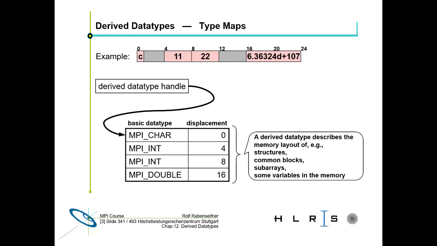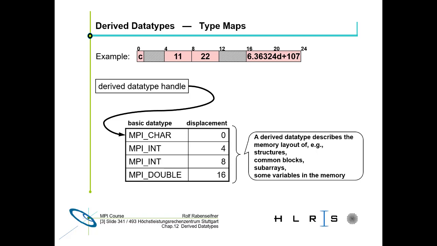Now let's take an example of a derived data type handle. This is a more complicated example where we first have an MPI character. It's the first thing we want to send, so the displacement will be 0. Then we have an integer. The displacement of that will be 4, because an integer is typically 4 bytes, while a character is 1 byte.